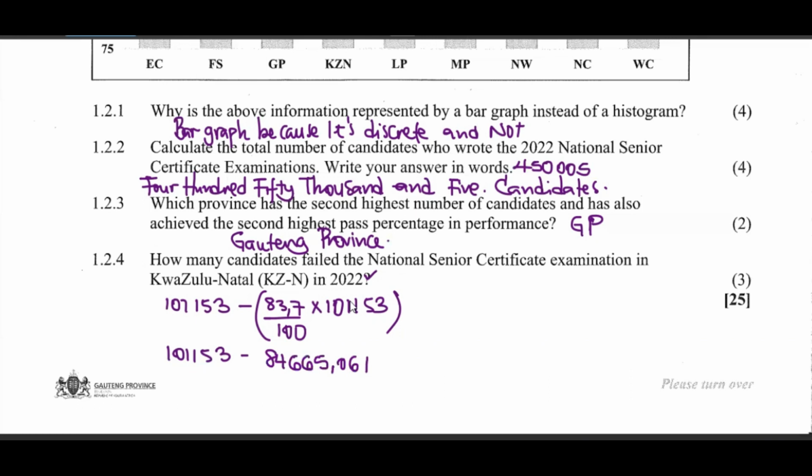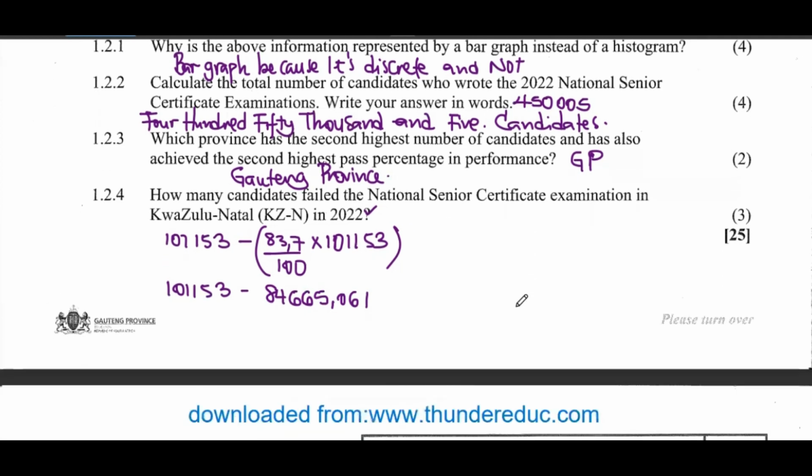So we end up having the answers here. Because these are human beings, you can't have half a person. This is the number of learners who failed.